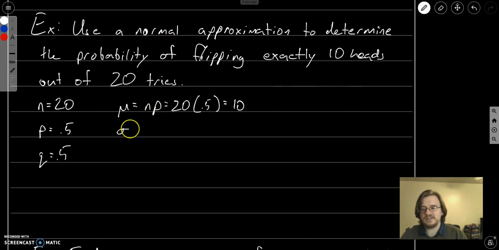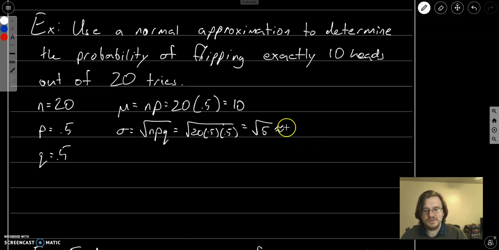The standard deviation is the square root of n times p times q, which is going to be 20 times 0.5 times 0.5. So half of 20 is 10, half of 10 is 5. So this is the square root of 5, which is approximately 2.24, but I'm not going to round this for the moment.